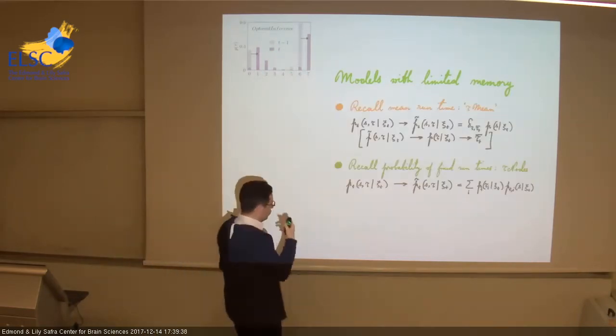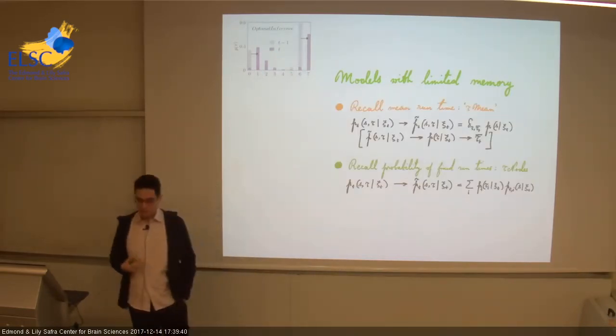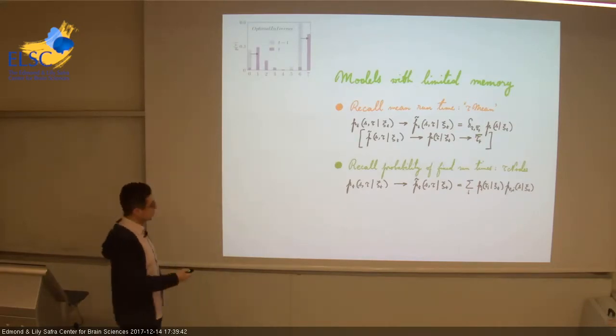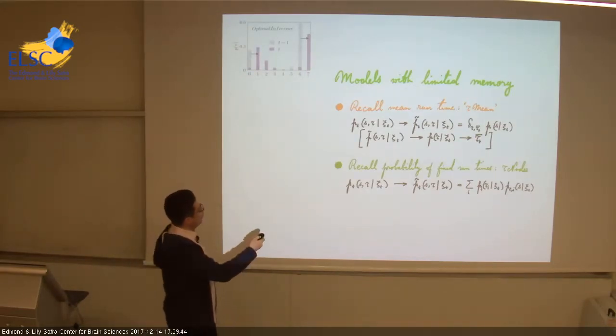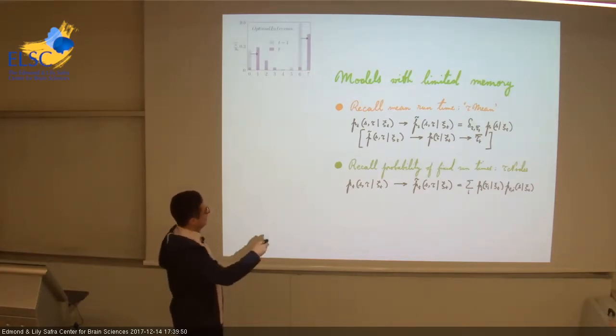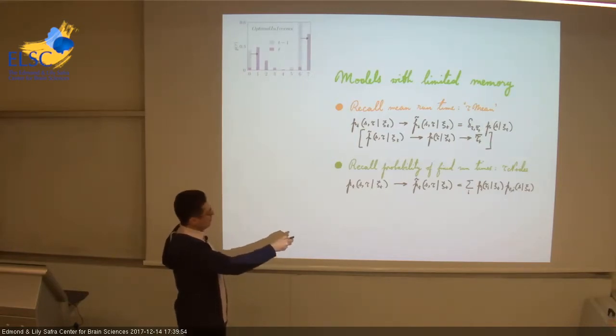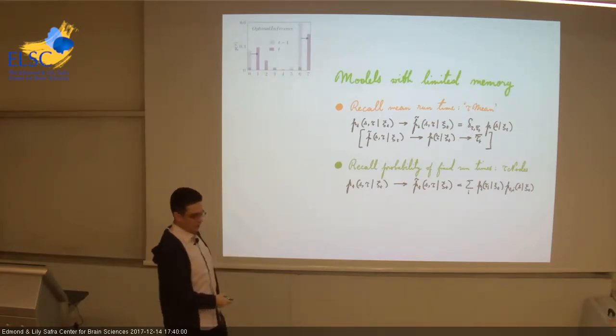And there are, in fact, two examples of such models in the literature that I mention in passing. One is to say that people only keep track of a mean run length. So basically, they collapse their distribution, and they're sure that the run length is the mean run length.